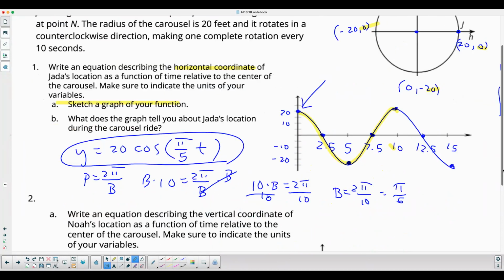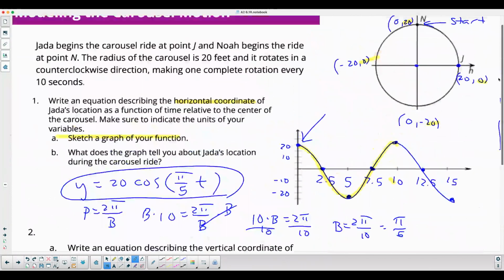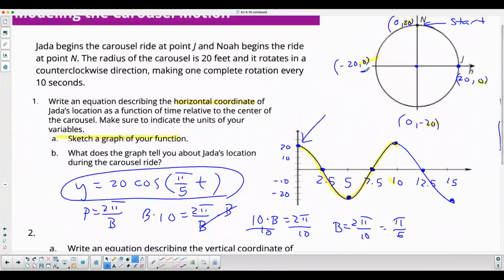So if I come down here, it's going to kind of be the same graph, actually. At time 0, he's up here at 20. At 2.5 seconds, he's going to be right here.